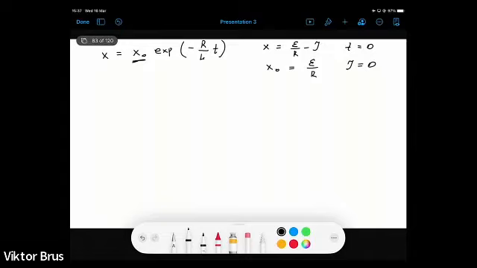Now we can substitute back instead of x and x naught their original expressions.